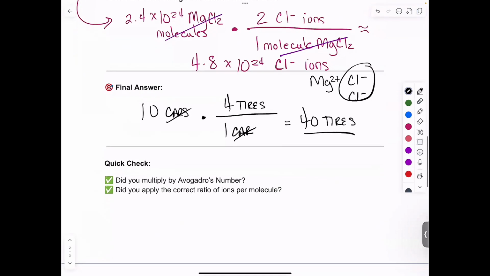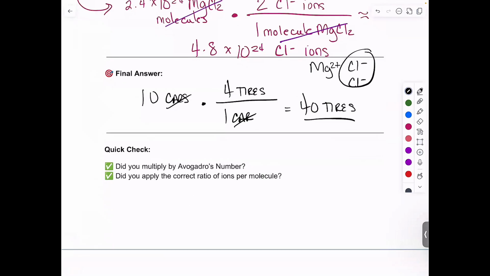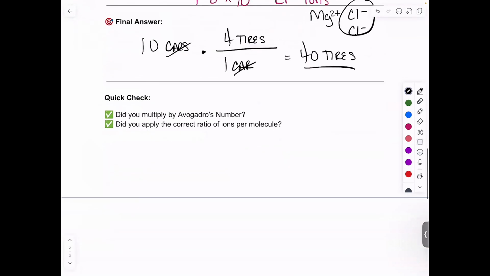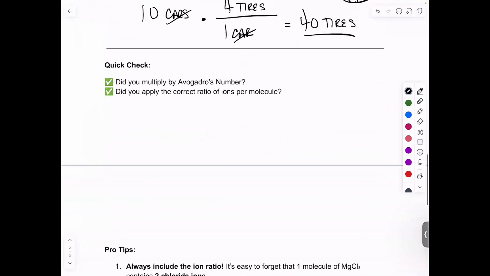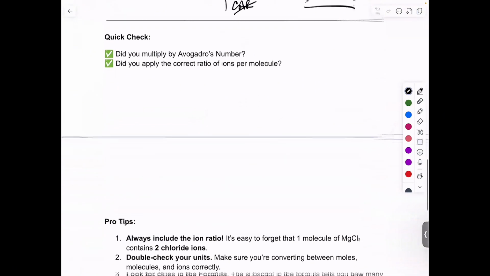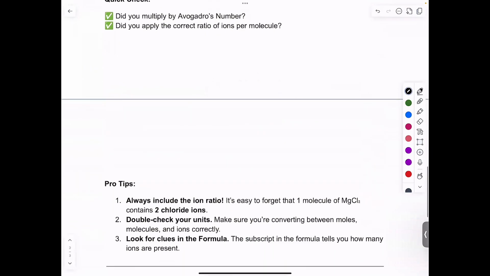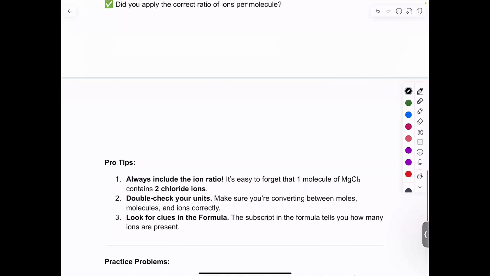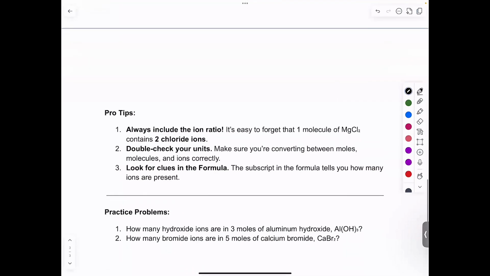So again, make sure and double check you apply Avogadro's number and you have the correct ratio of ions per molecule. That's really just making sure you have the correct formula. If you have the wrong formula based on the ionic compound given, if they give you just the name, of course, you have to determine the formula. If that's wrong, the entire answer is wrong. Now, some additional tips here.